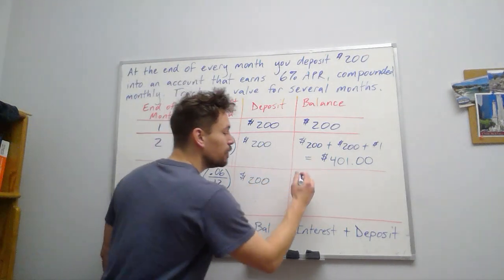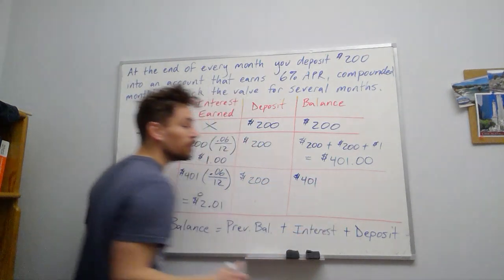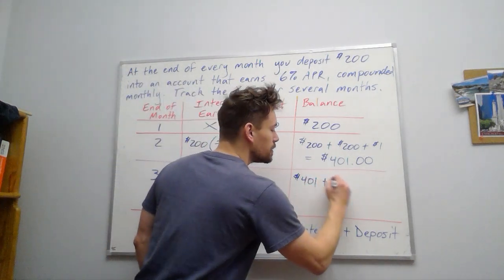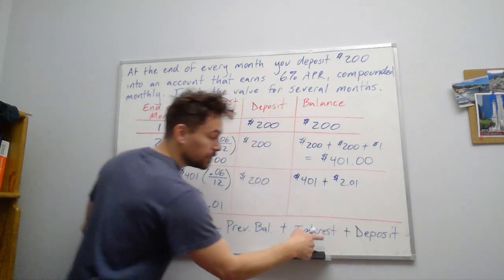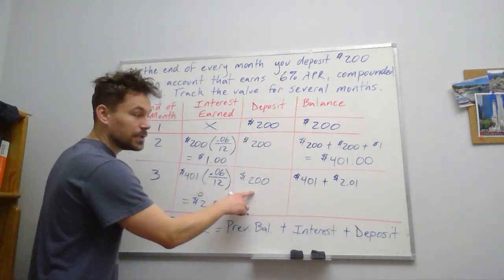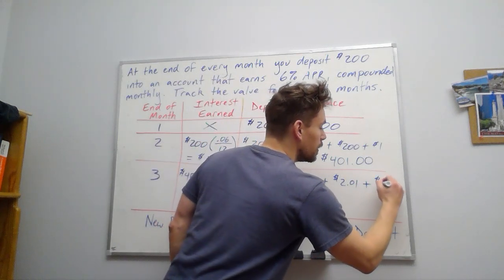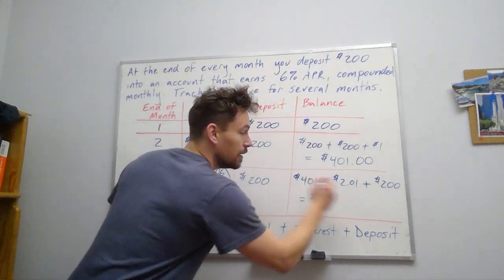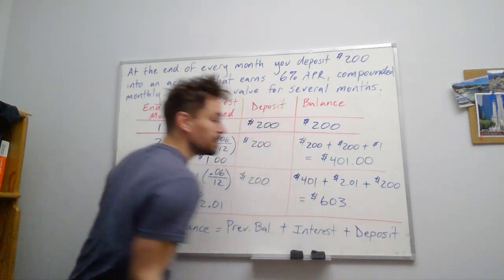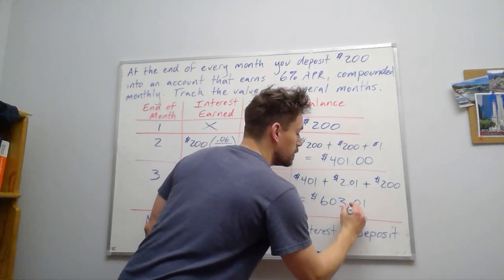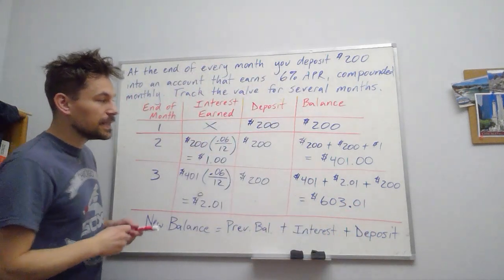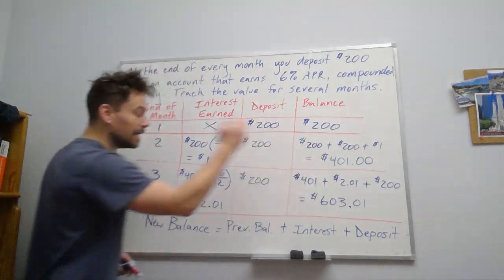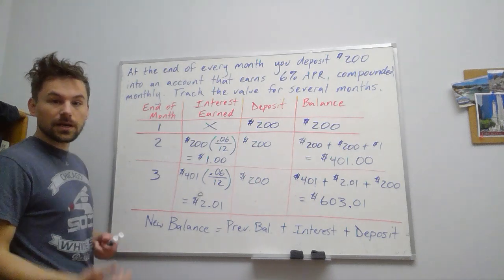I had $401, the previous balance, I gained $2.01 in interest, and then I made an additional deposit of 200. So in total, we should have $603.01. We see that this balance isn't just going up by 200, just by our deposit amounts, but a little bit more than that because our interest is picking up as well.